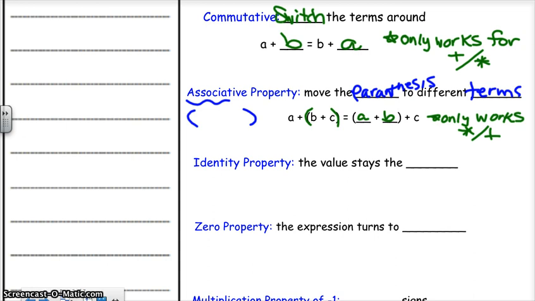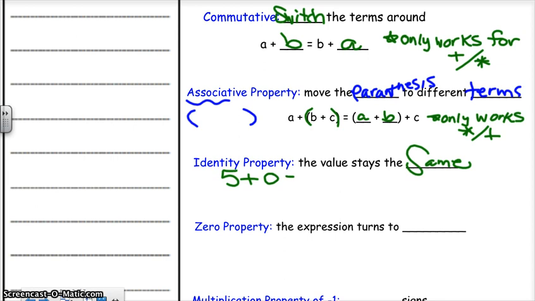Identity. The value stays the, what do you think? Same, good job. Identity: the value stays the same. Example, and this again is a multiplication and addition situation. If I wanted to stay the same and I was going to add something to 5, what would I need to add to 5 to stay 5? 0.